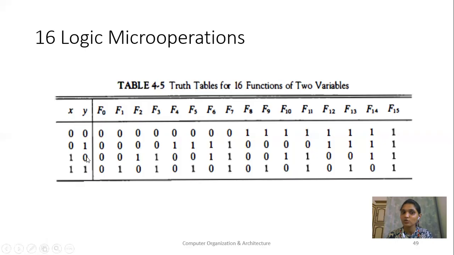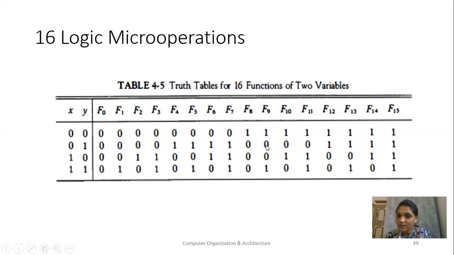Similarly, for f4, x is 0, which means your variable is x dash, and y is 1, that is y. That means you have done the operation x dash y.